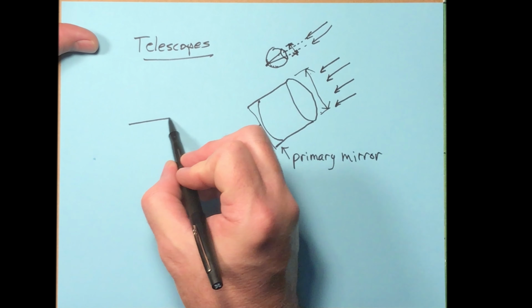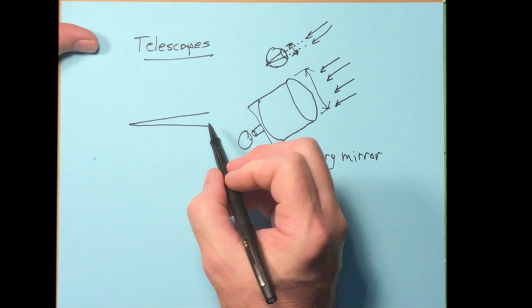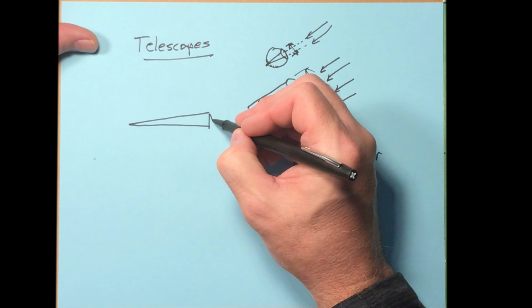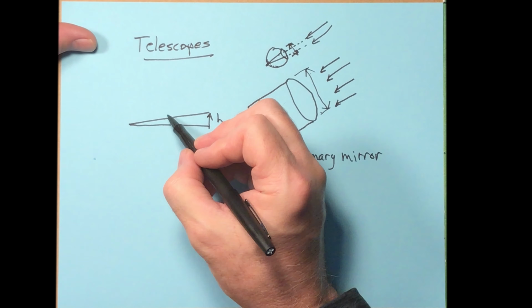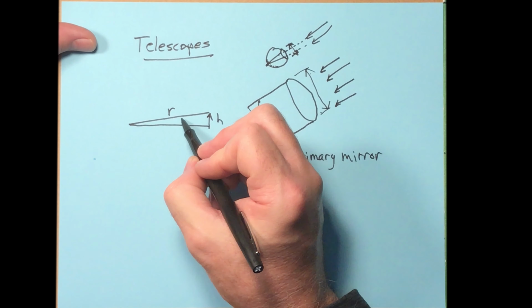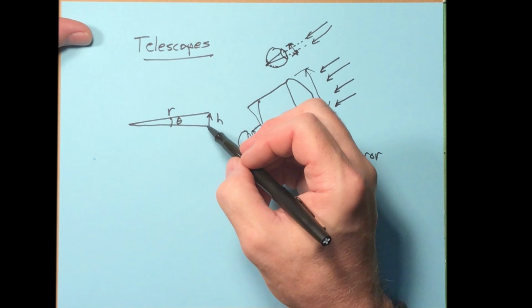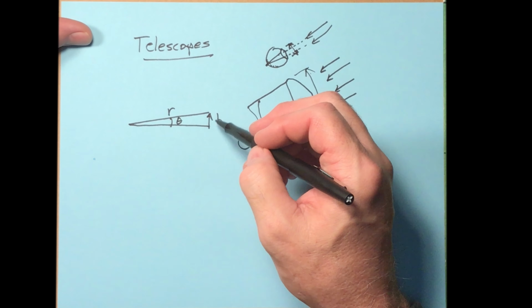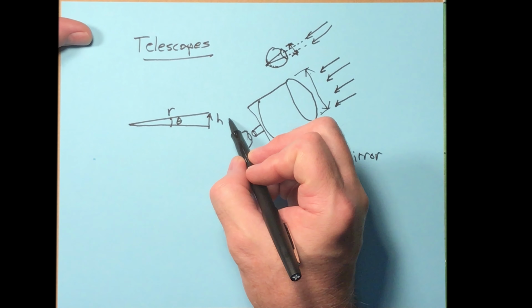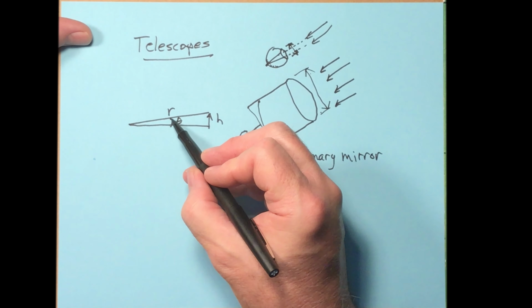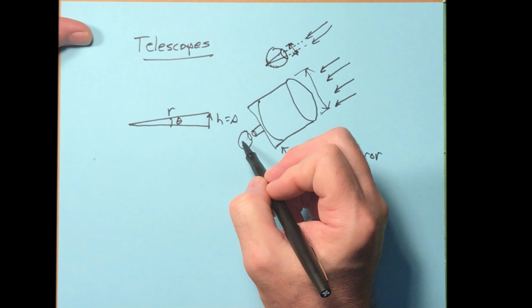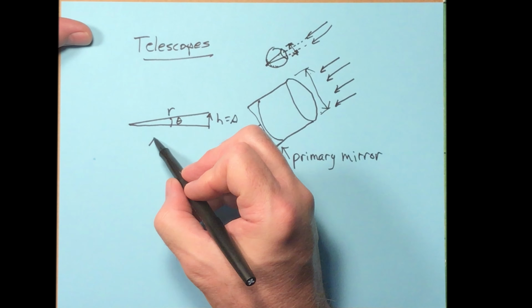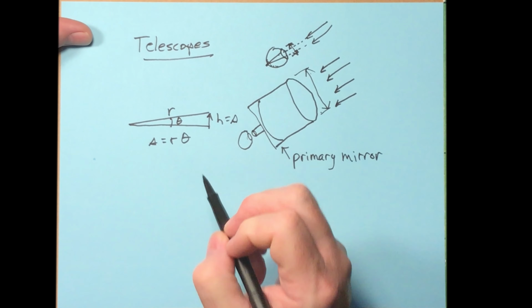If you have something off in the distance, let's say this is an object off in the distance, it has some height h. And if it's some distance r away, it creates some angular size theta. Now if you imagine this as a big circle, then you can think of this height, especially for a small angle here, as just being some arc length s, like that, and s is equal to r times theta.